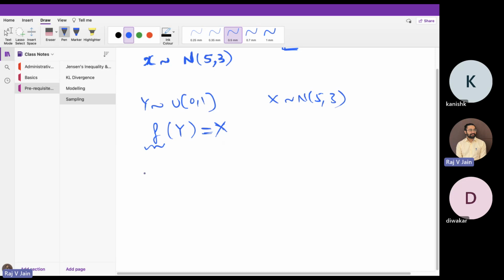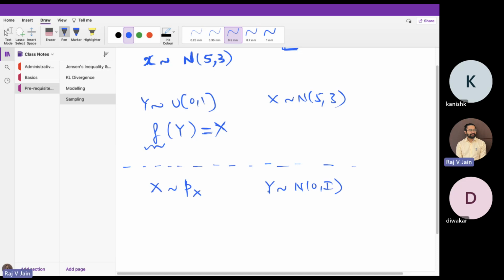Now, in our use case, let's say I have a random variable x, following the p of x distribution, right? This becomes a bit challenging actually. And I have a random variable y, which follows, for example, a Gaussian distribution N(0, I).